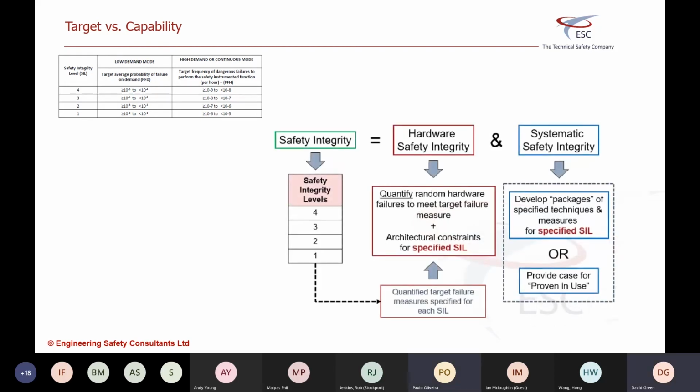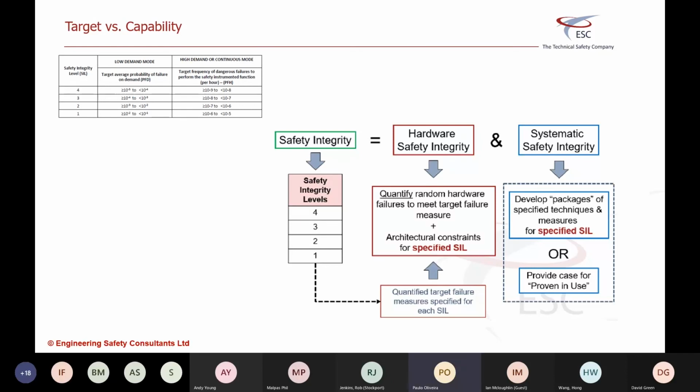The strategy to claim you've met it, if you're saying you have a SIL target, you have to demonstrate that your hardware, your equipment, has a random hardware failure rate that's adequate, your PFD. You have to demonstrate that your hardware fault tolerance is adequate, so that's your architectural constraints.